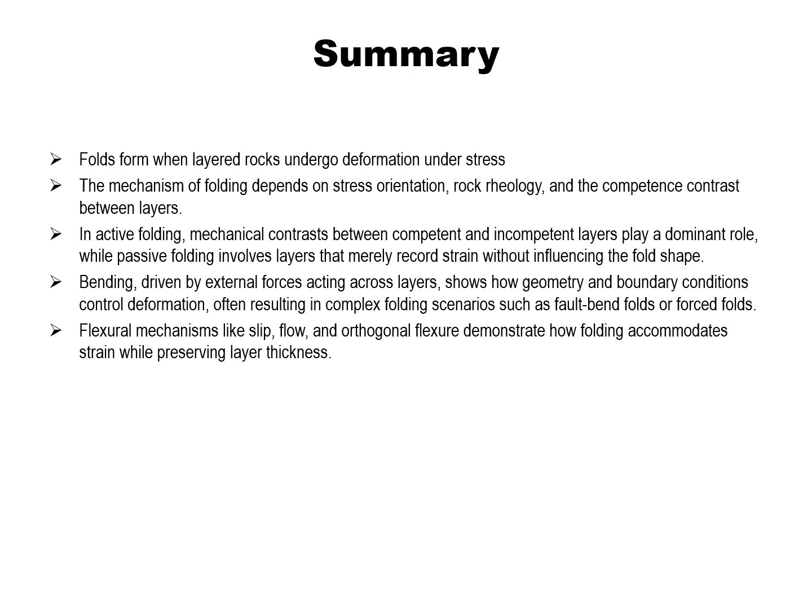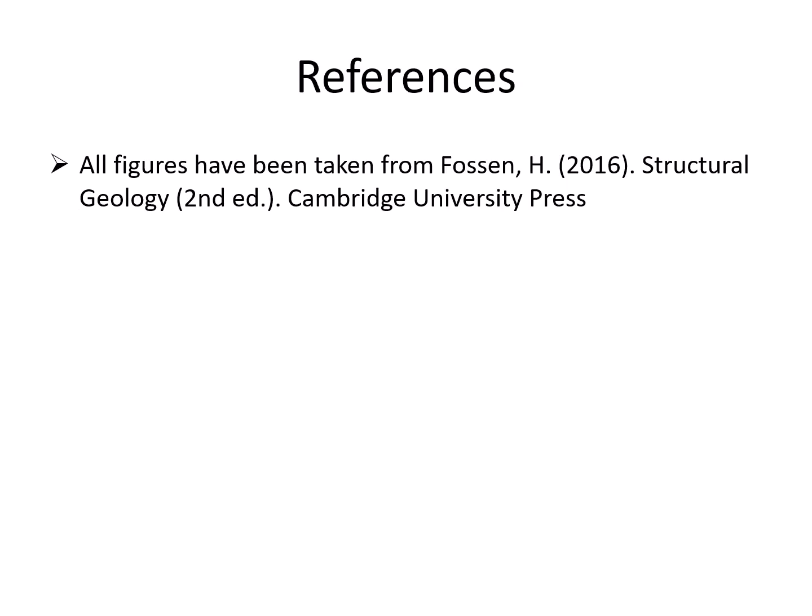Orthogonal flexure preserves a geometric relationship in open folds, but it is replaced by other mechanisms in tight folds. Kink bands and chevron folds form sharp structures in anisotropic laminated rock, controlled by the layer properties and deformation conditions. So this is my summary and this is my reference, and thank you.